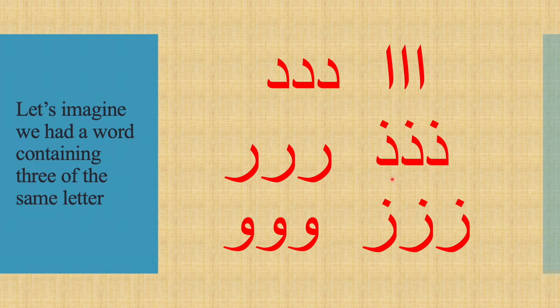And the same thing would happen with zal, the same with ra, the same with zay, and the same with wow. In fact, whenever you have a word in Arabic that has a break inside of it, that is because there is a letter in this word that is unfriendly and does not want to shake hands with the next letter.